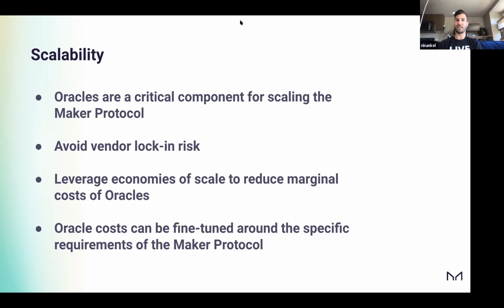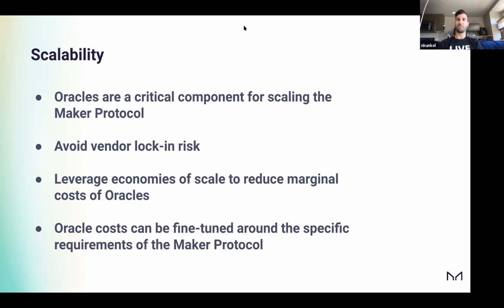And I believe oracles are the same thing here, where yes, individually oracles can be quite expensive, but once you hit a certain scale, these economies of scale kick in, and I think Maker is going to be at that point relatively quickly compared to other parties.